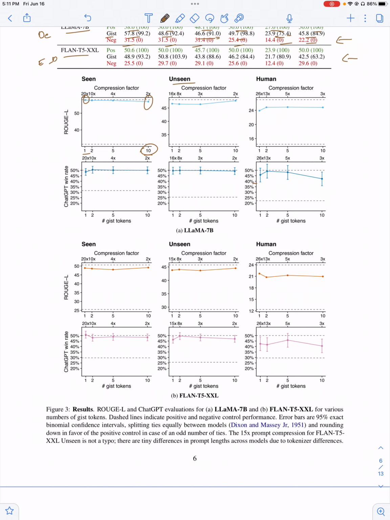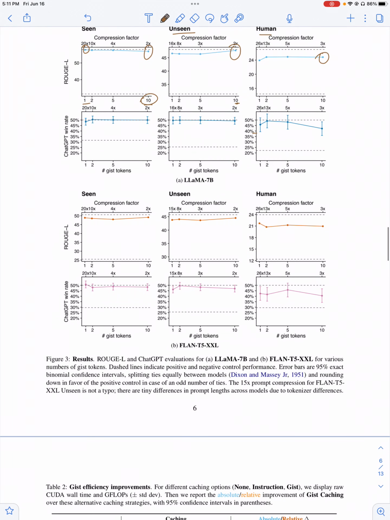And then you have the unseen and the human prompts. These are sort of out of distribution. So you can see that having more gist tokens helps in the unseen case, whereas in the human case it sort of plateaus, so it doesn't really matter. And then you look at the win rate against ChatGPT, and you see that almost 50% of the time it prefers the gist model versus the positive control model.